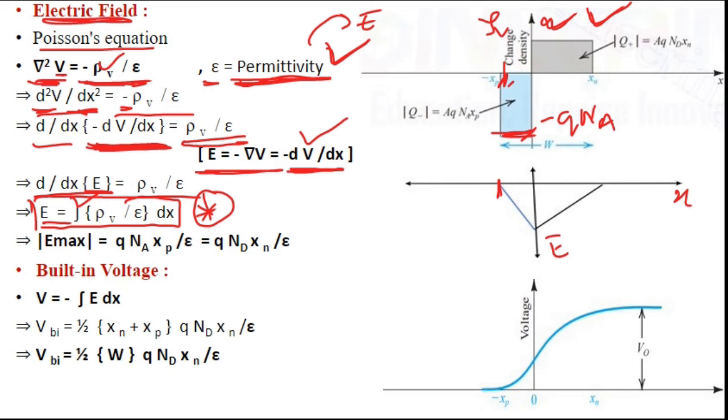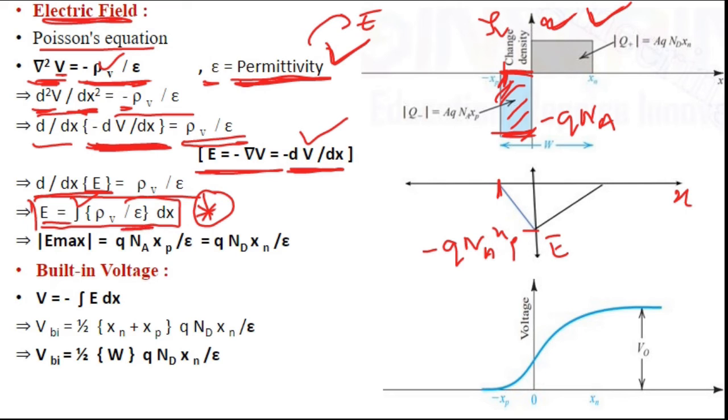Integration means the area covered by this rectangle. Here it is minus q times Na, that is the length of this rectangle, and this is the width of the rectangle, that is Xp.